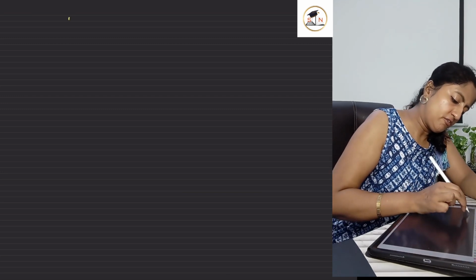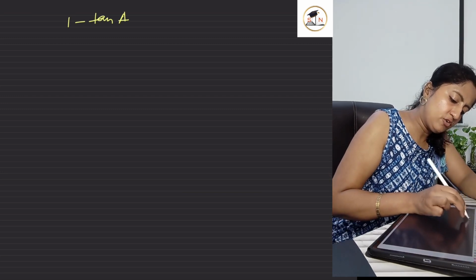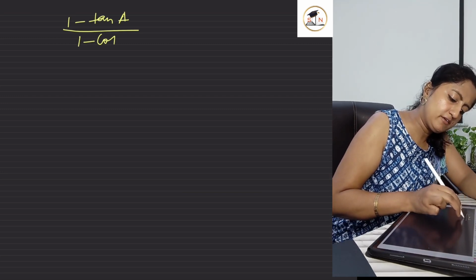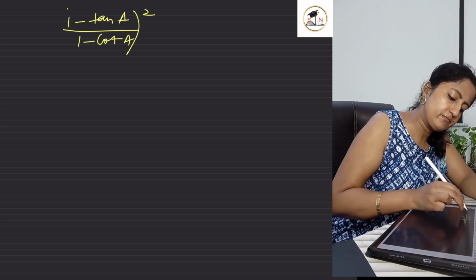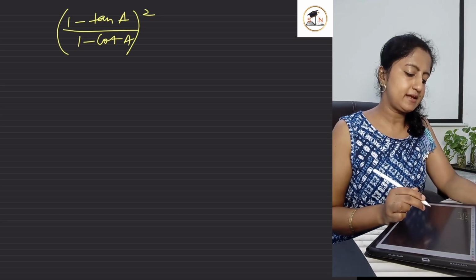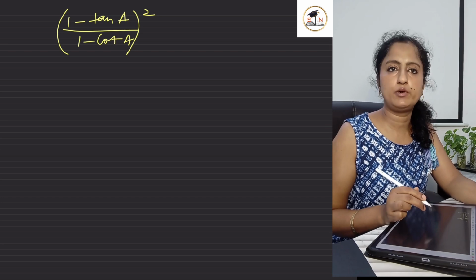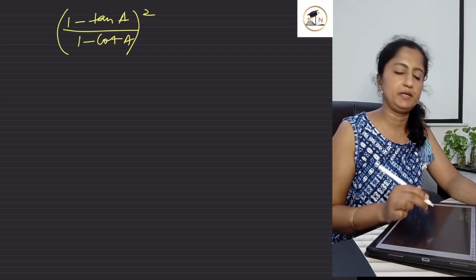Now let's start with the second one. We have 1 minus tan A over 1 minus cot A, whole square. In this step, apply the A minus B whole square formula in both numerator and denominator.